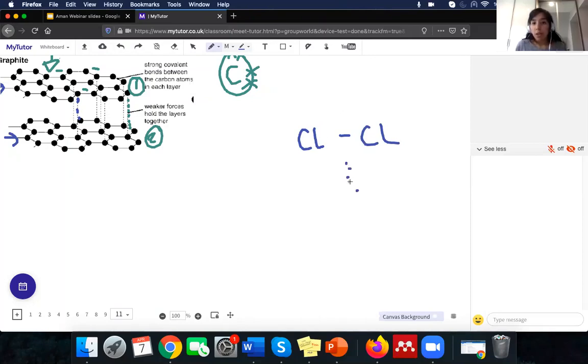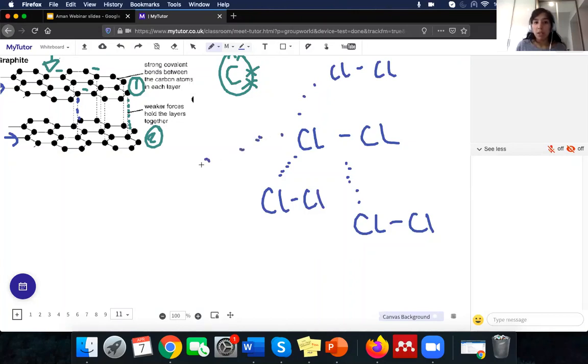We don't break those covalent bonds, we break intermolecular forces. So chlorine, you wouldn't ever find it as just one pair. You would always find it as lots of different chlorine pairs, and it's the bonding between all these chlorine pairs that's known as intermolecular forces. So this is one molecule, and then this would be a second molecule here, this would be a third, and it's the forces between molecules that are called intermolecular forces, and they're very weak.